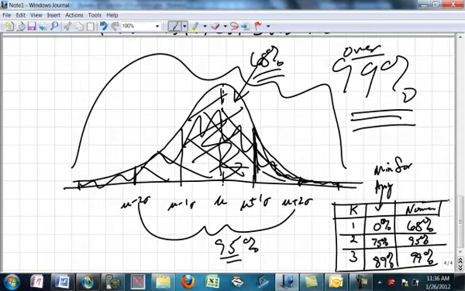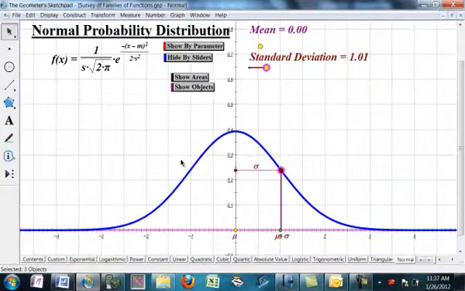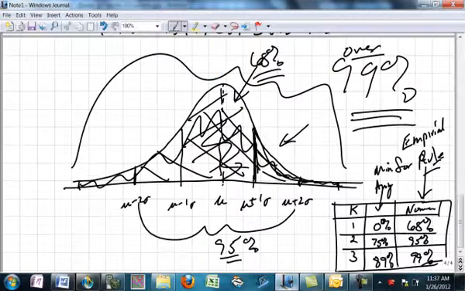Okay? And so sometimes your book will talk about the empirical rule. The empirical rule assumes that we have this normal curve. Here's what a real one looks like. It assumes that that normal curve is what's actually happening.